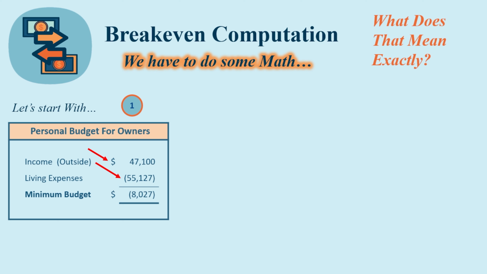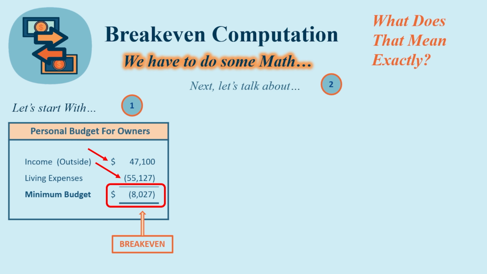The minimum amount your business needs to make to cover your personal expenses. In this case, the number is $8,027, the break-even point.